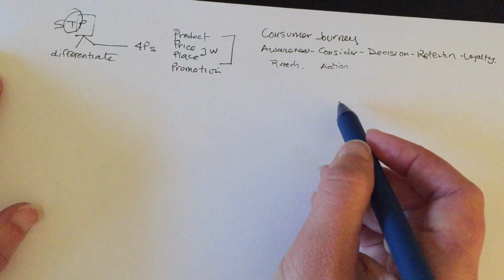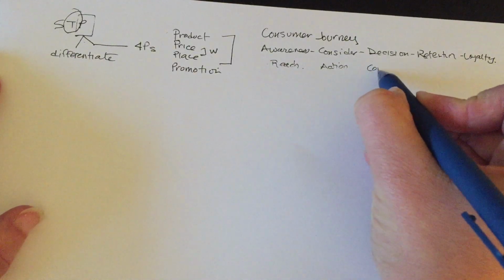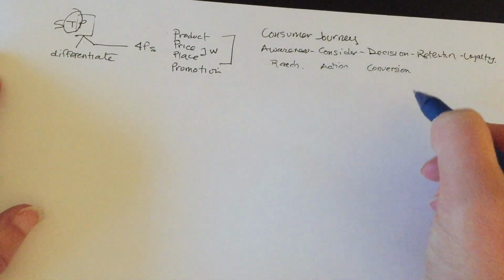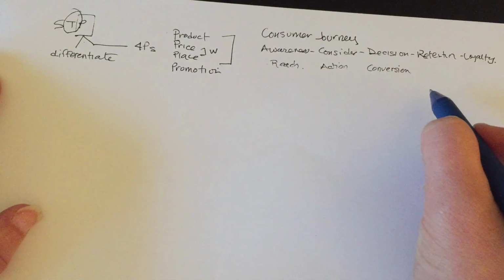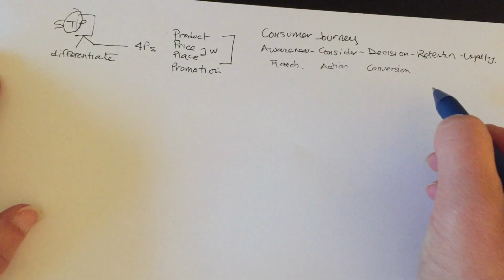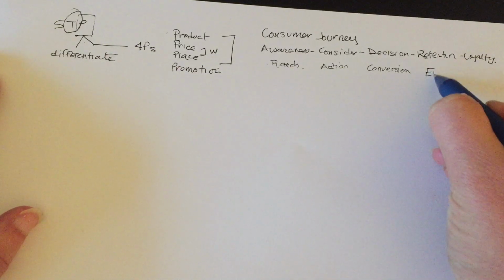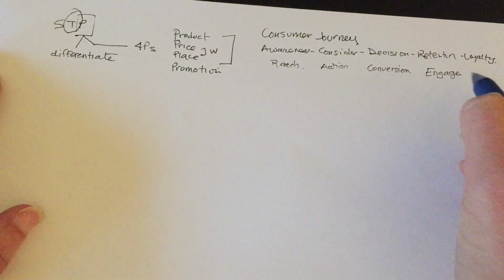And then the decision process, we're really looking at conversion. So how do we help people make this decision faster? And then once they've already become customers, how do we ensure that there is satisfaction with the product and they have a good experience? So we tend to call this, in the RACE model, engage.